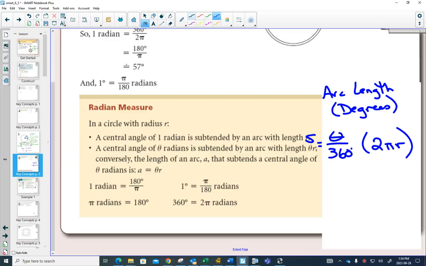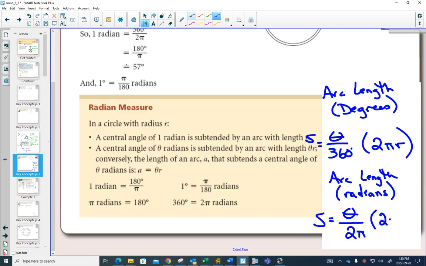We are now going to make our arc length formula in radians. It's still going to be S. We're still going to have theta on, but instead of 360 degrees, what would we write instead? Well, what's 360 degrees equal to? 2 pi radians. So we would put 2 pi down here. And then our circumference is 2 pi r.